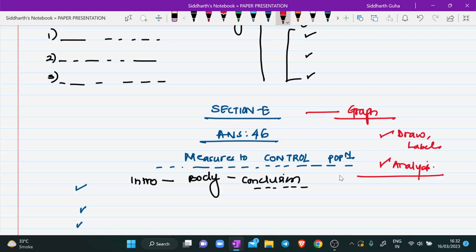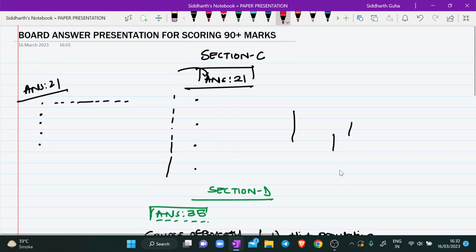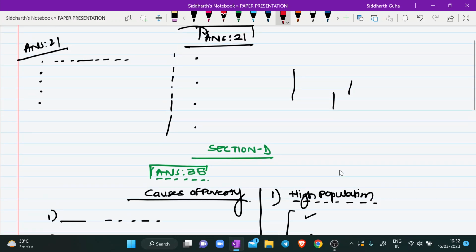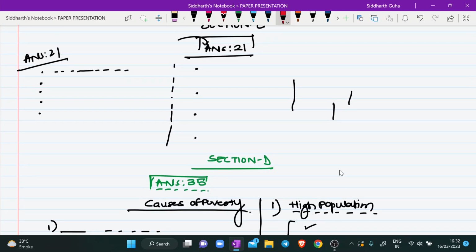Now what I want to explain is that when you are writing C, D, and E, once you complete the paper, if you have some remaining time left, the target should be to complete everything by 6:05, so that you have 10 minutes extra in your hand.